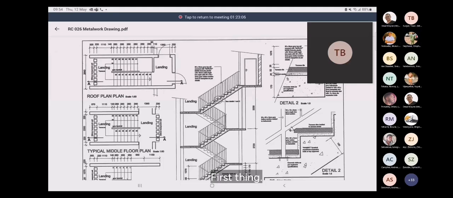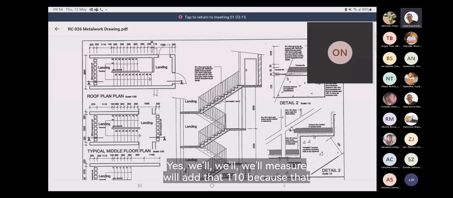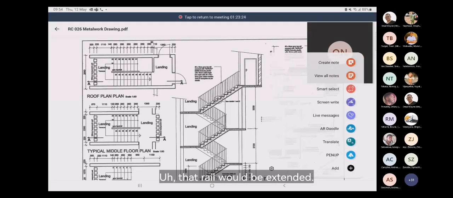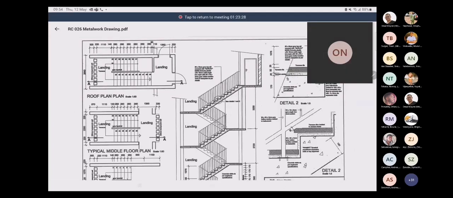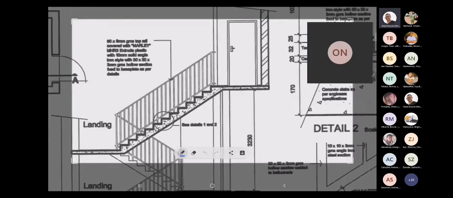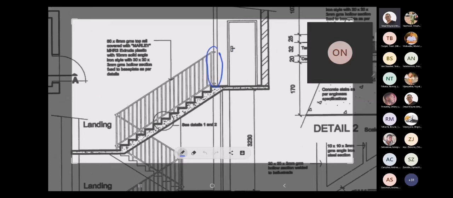Sorry, sir. Yes, sir. The 110, I'm going to book it when we book those lengths. Yes, we'll add that 110, because that rail would be extended, if I can show it. You see where this rail would go into the wall there?